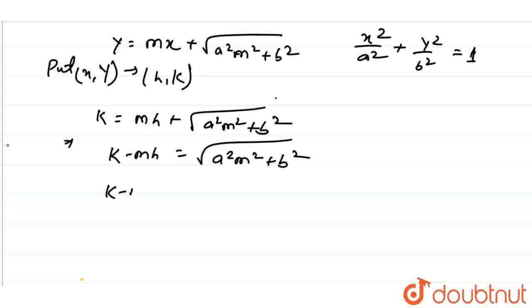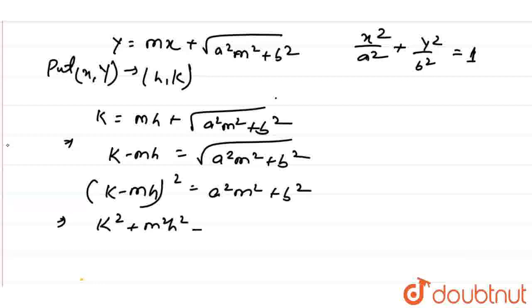Now squaring both sides and expanding, it becomes k square plus m square h square minus 2khm equal to a square m square plus b square.